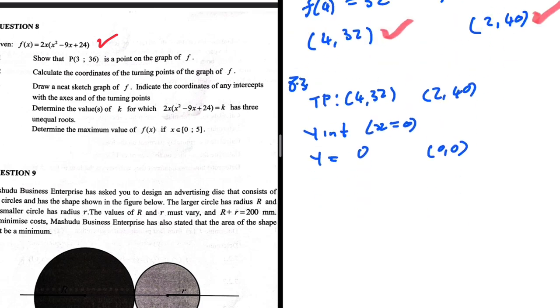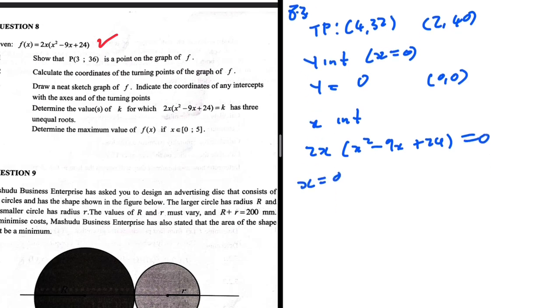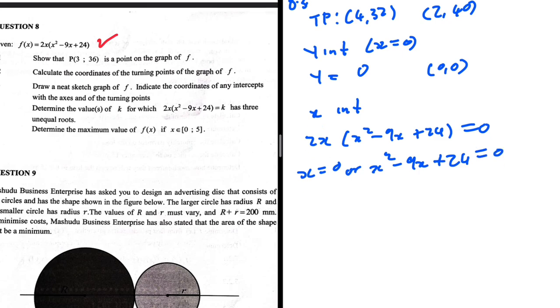Okay, now let's find the x-intercepts. For the x-intercepts, we need to let y be equal to 0. So we get 2x(x squared minus 9x plus 24) equal to 0. We already know that x equals 0 is one of the x-intercepts, but we then need to find the other two from this part here: x squared minus 9x plus 24 equals 0.